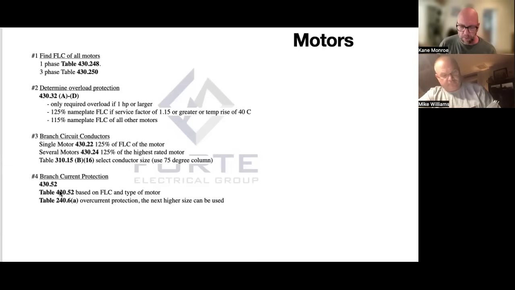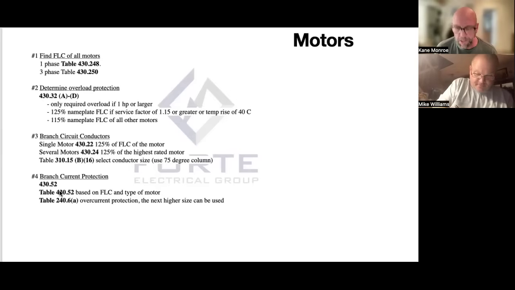Remember, it's a percent because it tells you right up there, percent of full load current in the top section of that table. So percent means it's going to be a multiplier. So 175 will be a 1.75 multiplier.